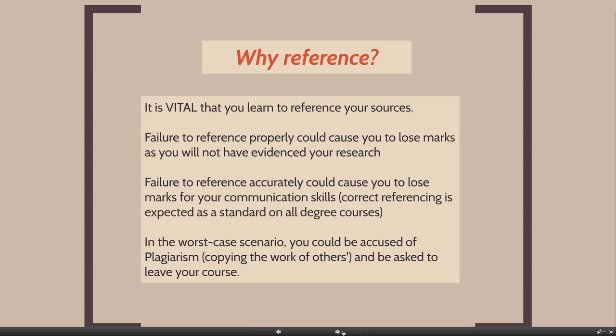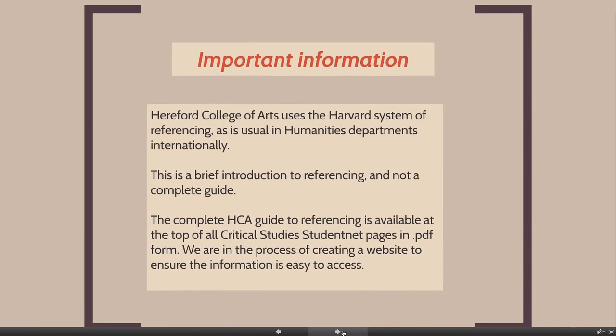However, in the very worst case scenario, you could be accused of plagiarism, that is copying the work of others. And if that does occur, you might be asked to leave your course. You would certainly be investigated, not just by your course tutor, but by senior management at this college and also from our awarding body. So it's very, very important you learn to reference.